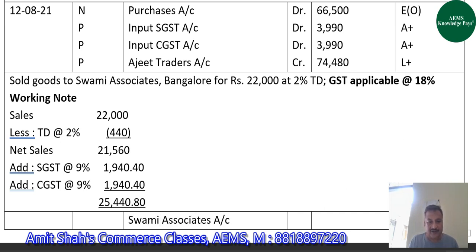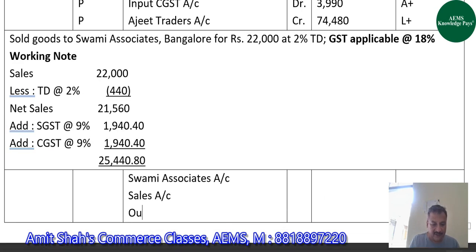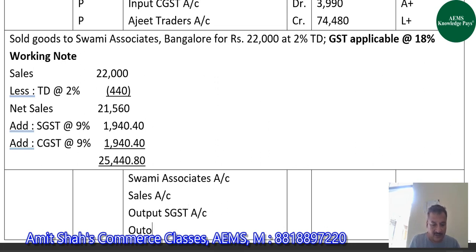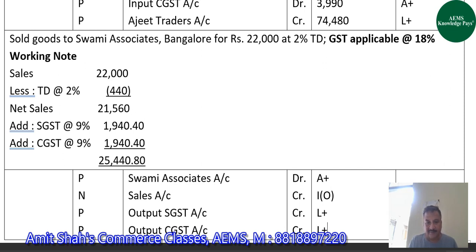For this, we will debit Swami Associates account, will credit sales account, and will credit output SGST account, and then output CGST account. This is personal account, this is nominal, this is personal, this is personal. This is increase in asset, this is occurrence of income, this is increase in liability, and again increase in liability.